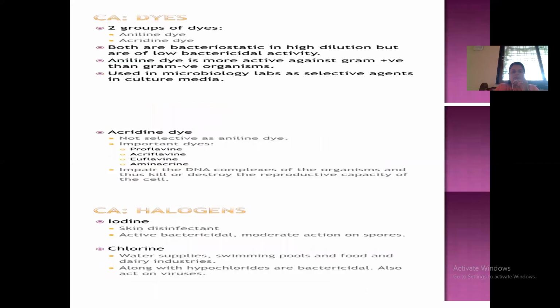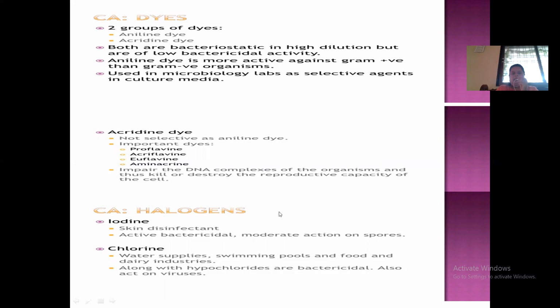Next, we will move towards the dyes. Here we use aniline dyes and acridine dyes. When concentrated, they give bacteriostatic activity, and on dilution, they give bactericidal activity.